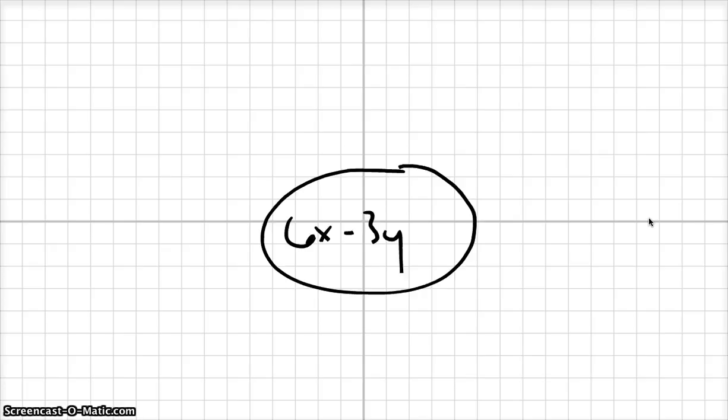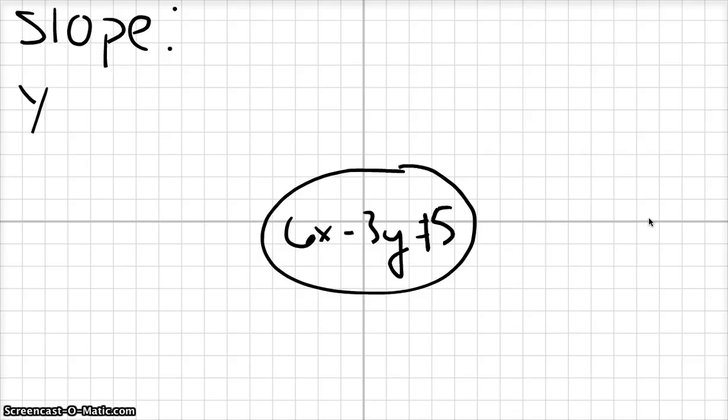Okay. On the last page, this is not really a whole graph, but it's already divided into 4, so I want to use this. Alright, so over here, in the middle, we have 6x minus 3y equals 15. Okay. So what would be my slope of that equation and my y-intercept of that equation?